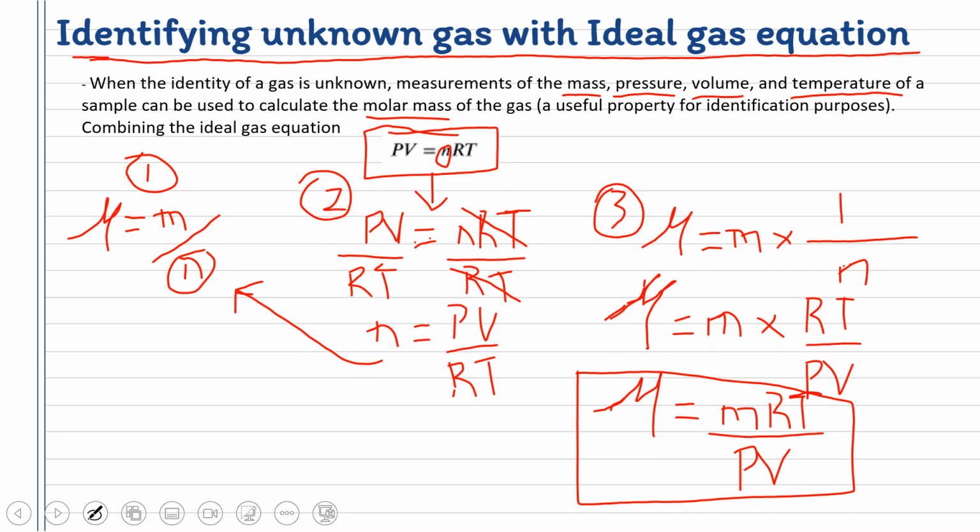Because if we can know the pressure of the gas, and we already know the gas constant is a constant, if we can know the temperature at which that gas is exerting that pressure and the volume of the gas, we can find the molar mass. And when we find the molar mass, we will have an idea of which gas we're dealing with, or we can identify an unknown gas. Okay, so this is a formula we're deriving for molar mass.